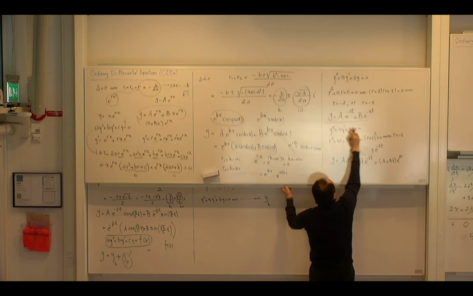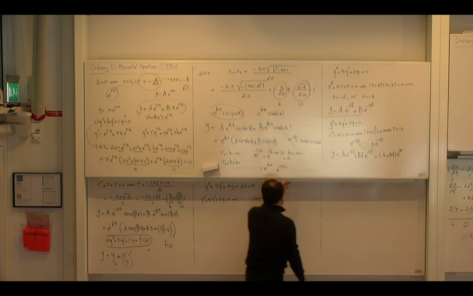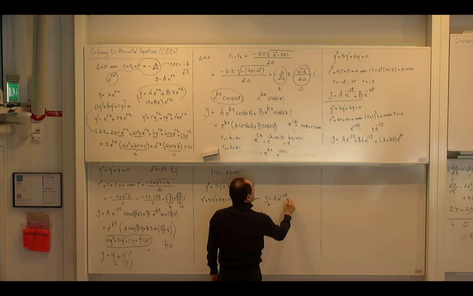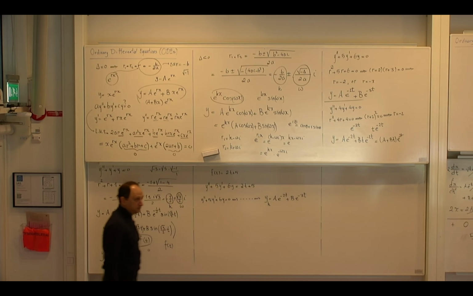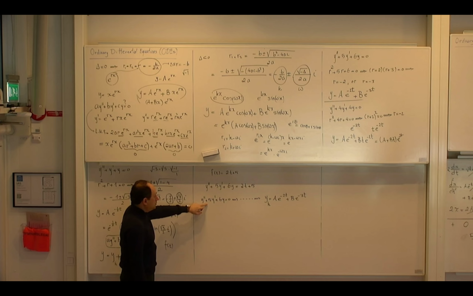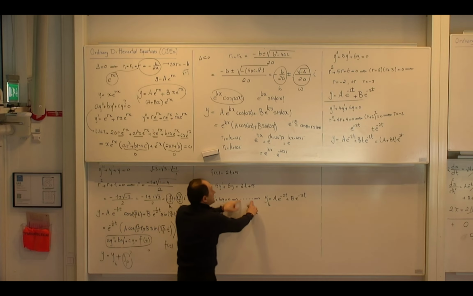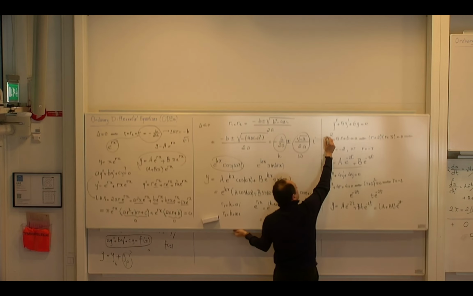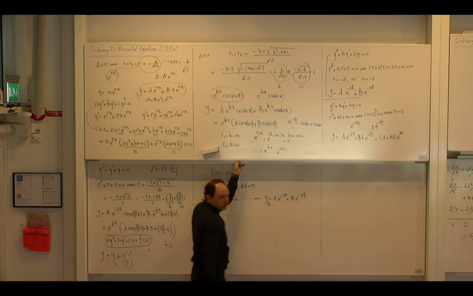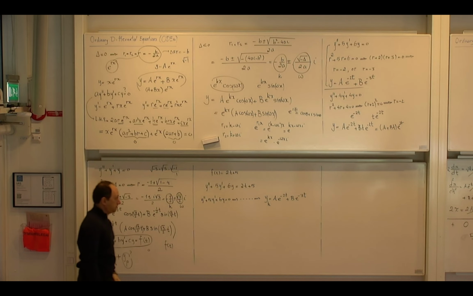So it becomes A e to the power minus 2t plus B e to the power minus 3t. So if this is given in the exam, the first thing you do, you write the homogeneous one. These dots mean this. You write it and you find it. And you call it y_h.